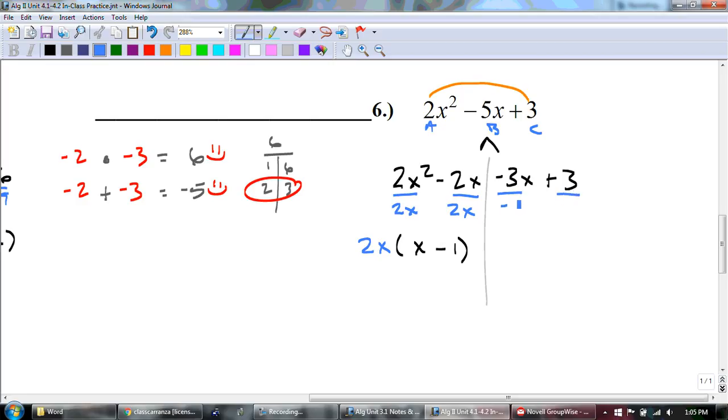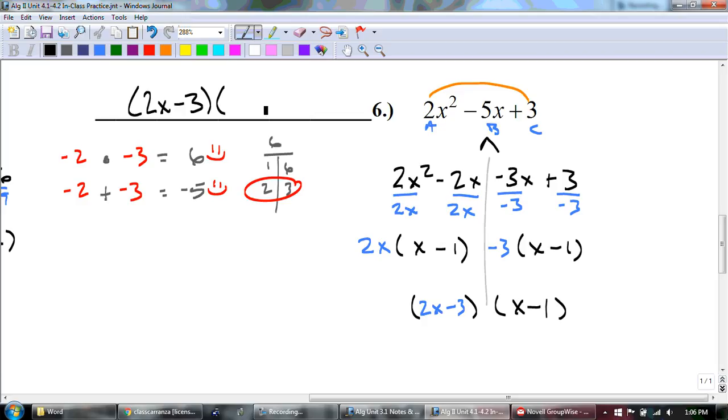My leading term is negative, so my GCF is negative. It's a negative 3, and we're left with x minus 1. They match, so we know we did it right. There's my x minus 1, and then 2x minus 3. So 2x minus 3, x minus 1.